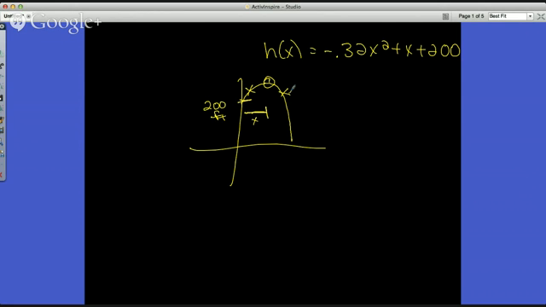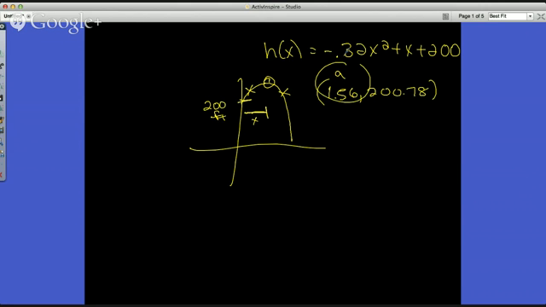Let's make sure I've got it. We're going to guess right in the middle, and my maximum was 1.56, 200.78. Okay, so that right there is where it's at.